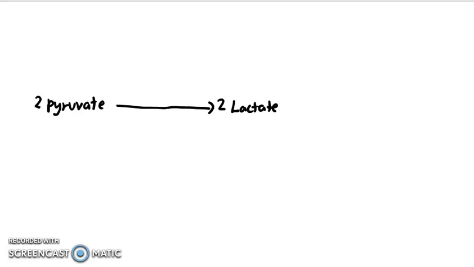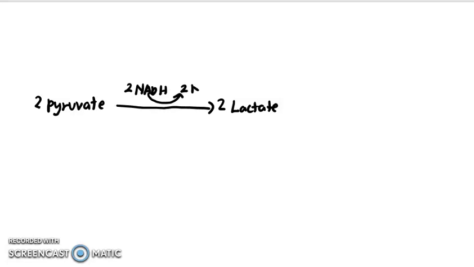Okay, so if you look at this one, apa bezanya dengan alcohol fermentation? Untuk lactic acid fermentation, pyruvate will be directly reduced into lactate by NADH. So means that the function of NADH in this case is a reducing agent. So what happened to this NADH?